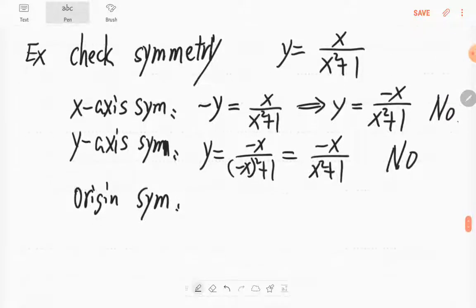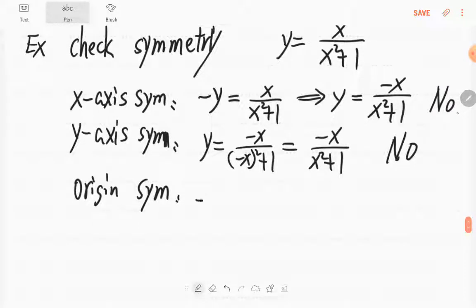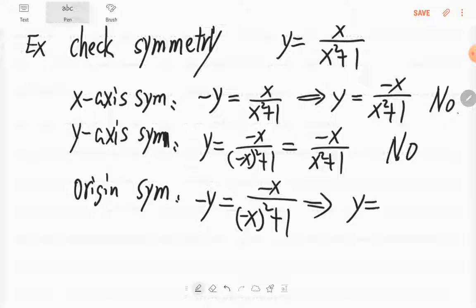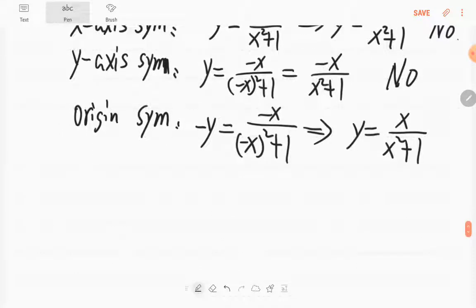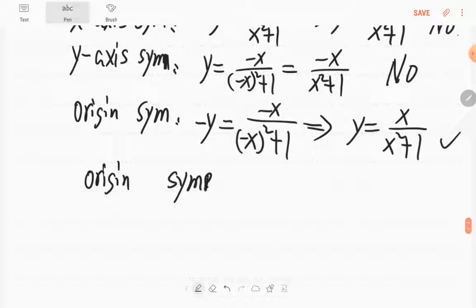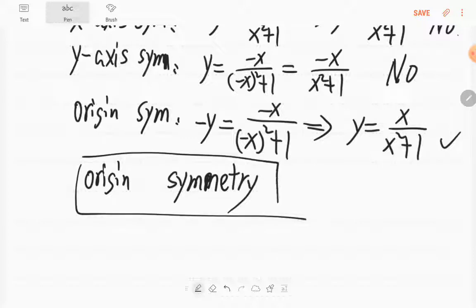We replace x with negative x and y with negative y. Let's look at this one: y equals x, with times negative 1 on both sides, so that it becomes positive x over x squared plus 1. Yes, we have the same equation, so it's the origin symmetry. This graph is symmetric with respect to the origin.